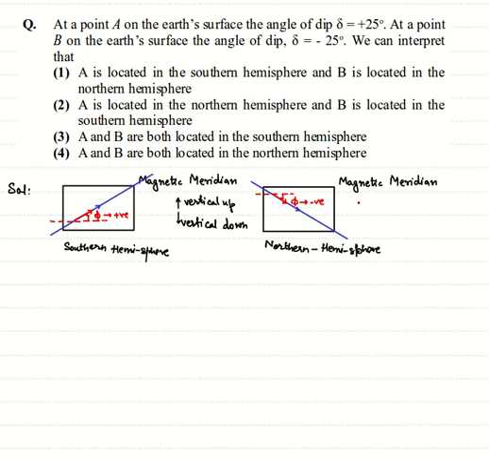When do we take this positive and negative? See, if this is the horizontal, while measuring the angle, if we move up from the horizontal, or rather clockwise, we will see that this angle phi is positive, and this happens in the southern hemisphere. And if we have to move down like this, then this phi we take to be negative.